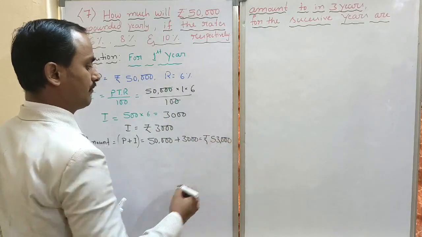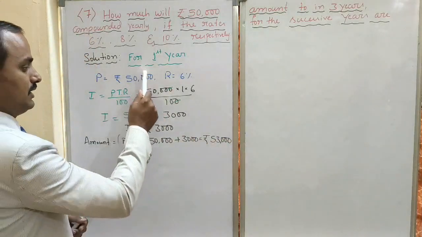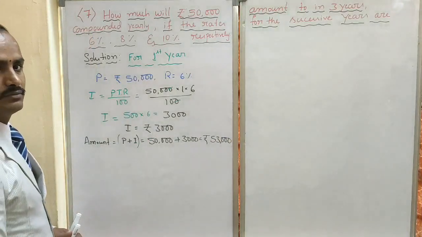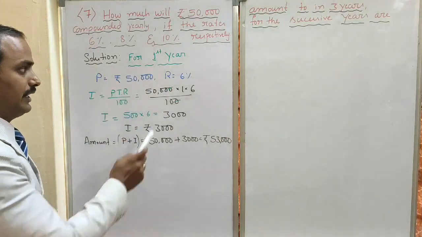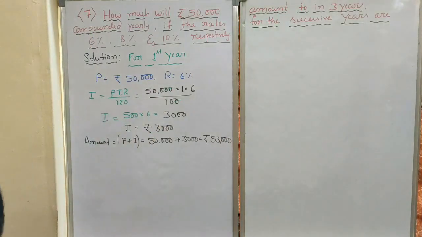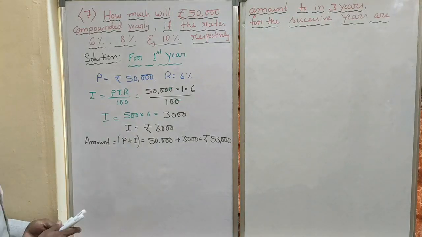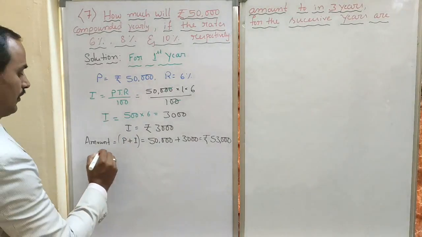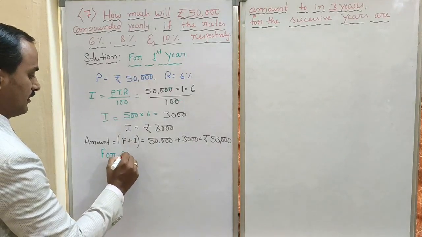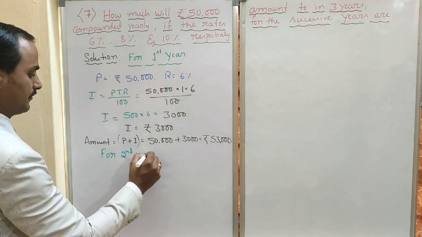This is the first year amount for 50,000 at 6% rate of interest. What next step? Now I am going to the second year.